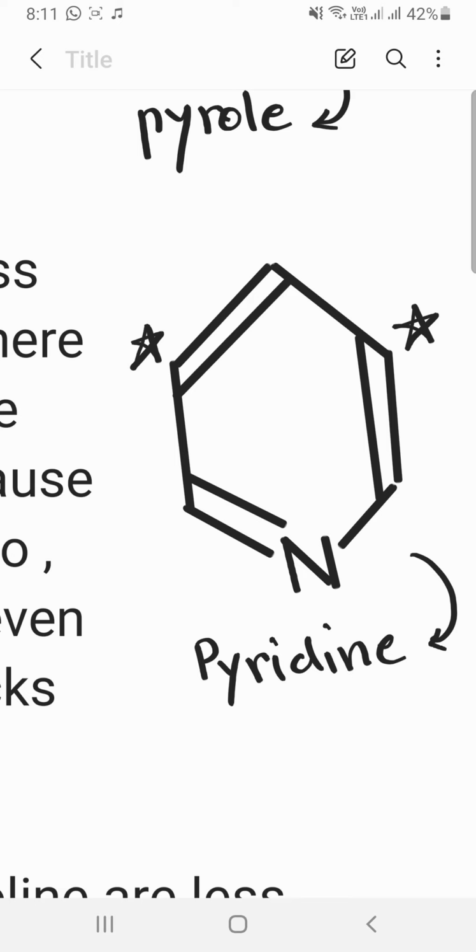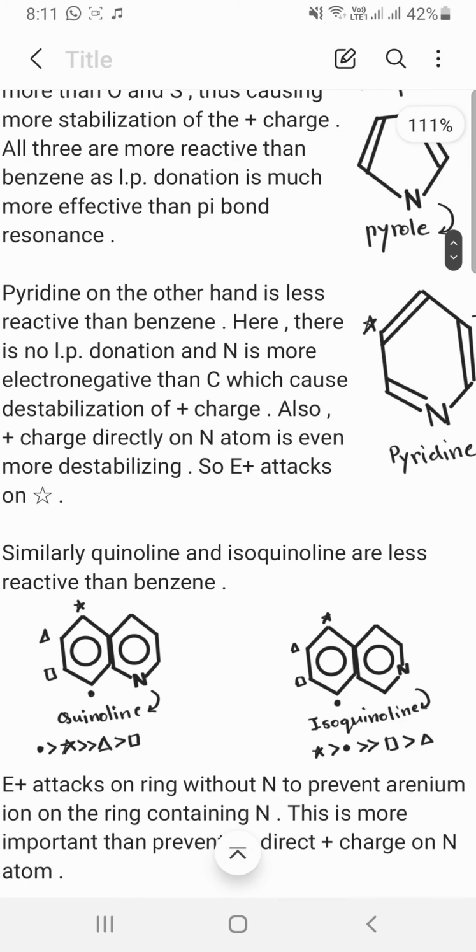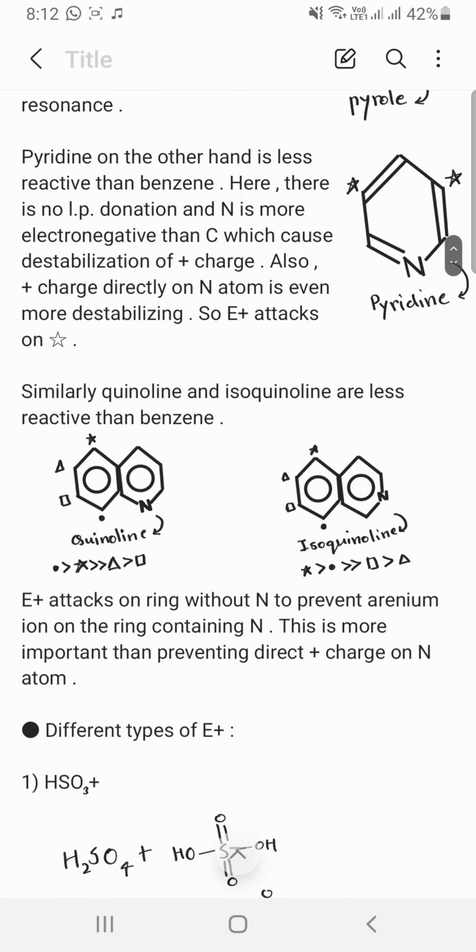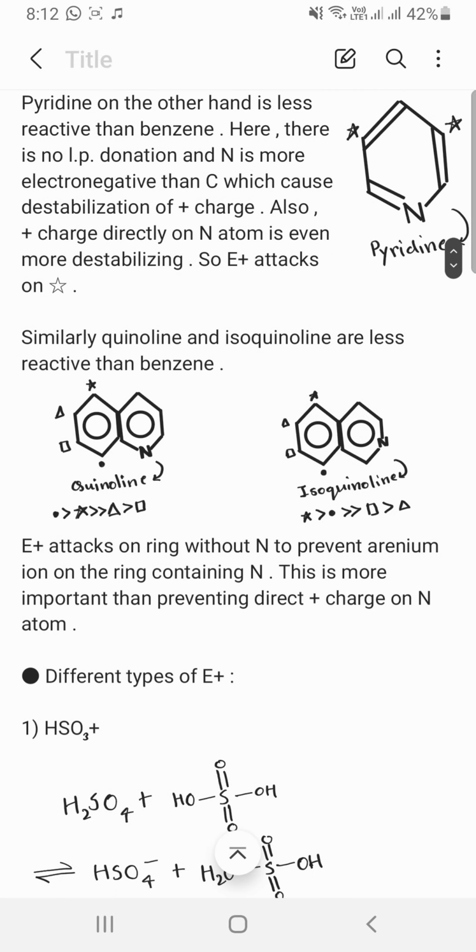They are hypothetical. We think that those exist and stuff, but really it's the final thing that you have, the final hybrid that exists. Similarly, quinoline and isoquinoline are less reactive than benzene. Okay, fine.